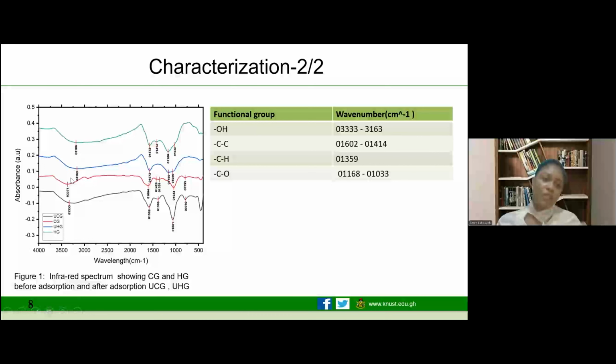It shifted to 3,163 wave number. And then we noted the disappearance of the C bond here at 1414, and it completely disappeared. Same thing for the CG. So we settled that these functional groups were involved in the adsorption of SOL.